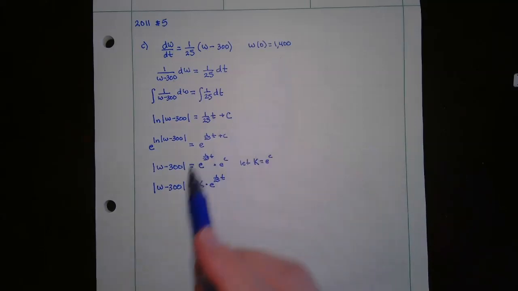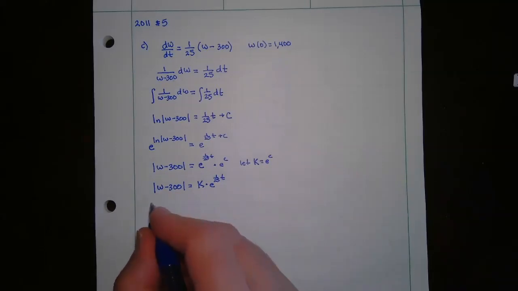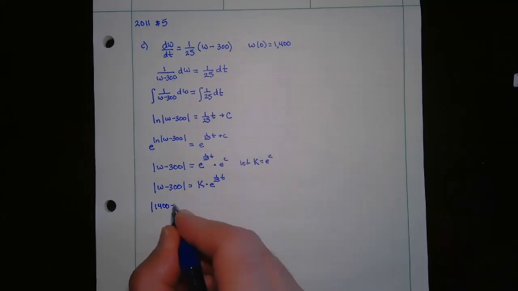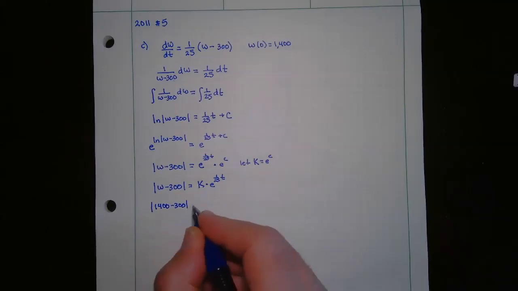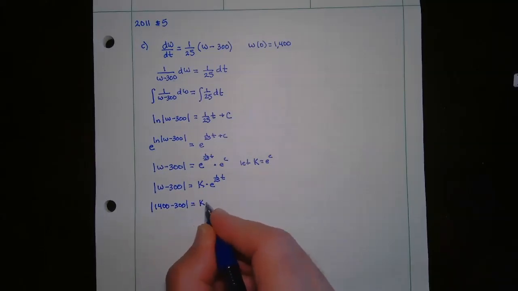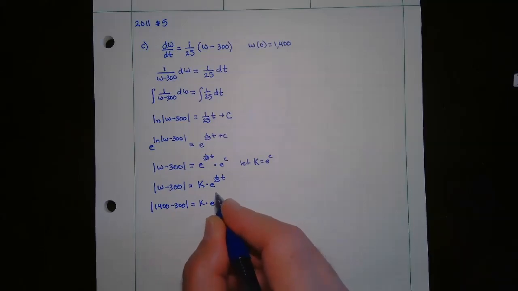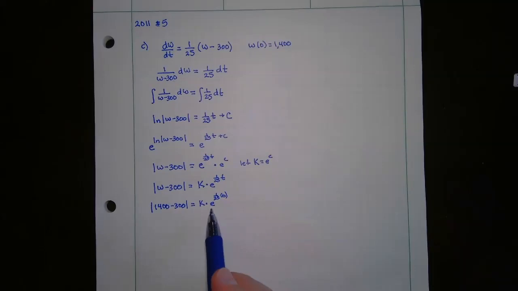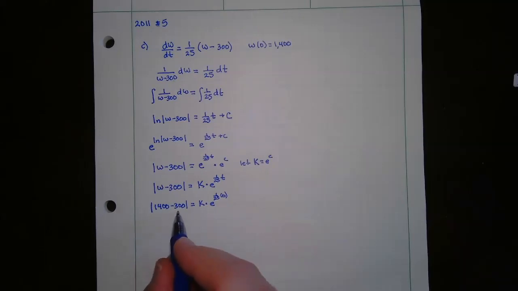All right, so W is 1400, so that'd be the absolute value of 1400 minus 300 is equal to K times e to the 1 over 25 times 0, right? So that'd be e to the 0. Well, e to the 0 is just 1. So this is K right here, right? And so we have the absolute value of 1400 minus 300.